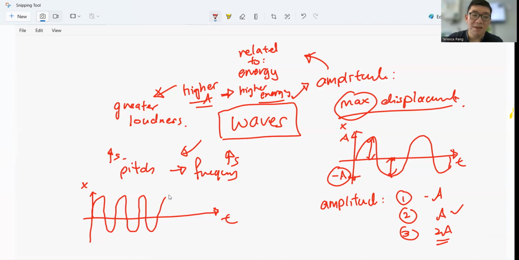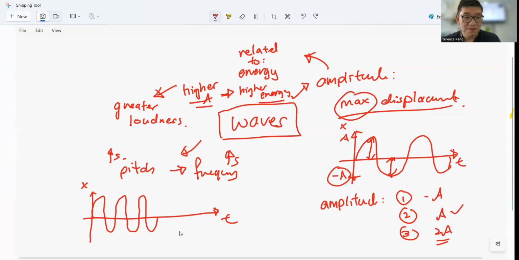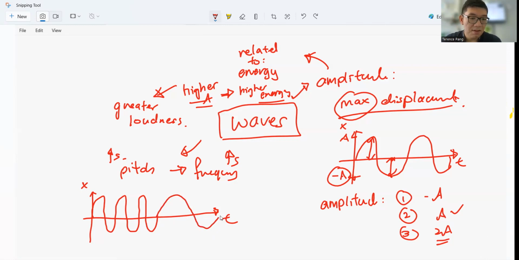Okay, and then suddenly it becomes like that. I should draw the same. Suddenly you have this. As time goes on, does the frequency increase or decrease? Frequency decreases, okay, because the period has increased. Frequency is the inverse of the period. Okay, this could be a question that comes up.